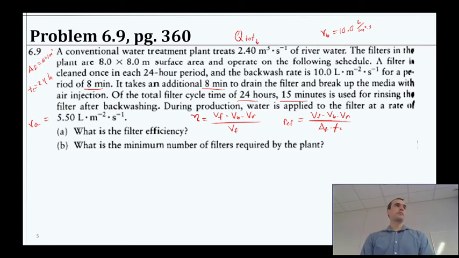Efficiency first, right? Well, if everything else is in seconds, then we'd do it in seconds.